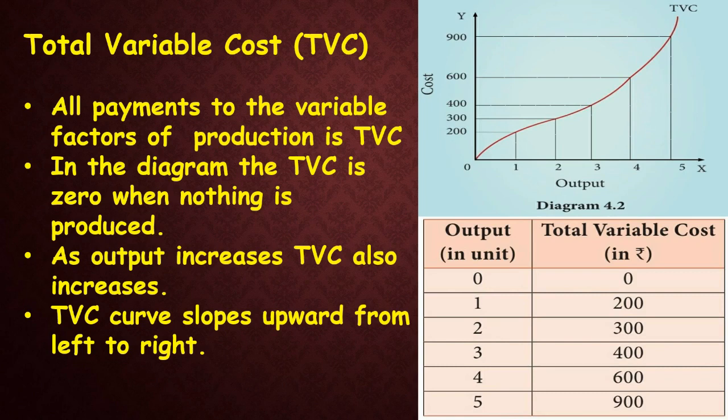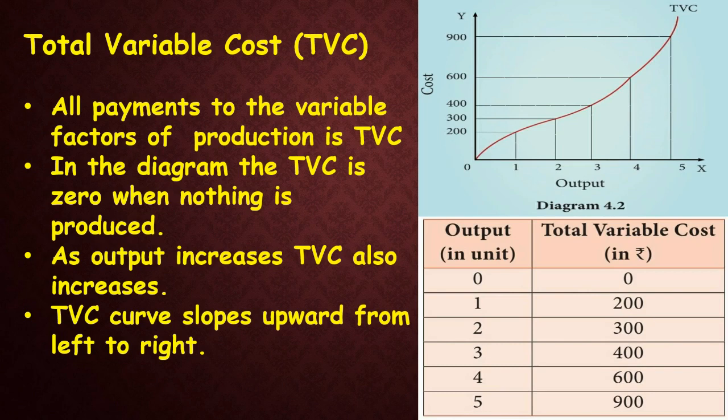Now in this diagram and the schedule, we can see that the level of output changes from 0, 1, 2, 3, 4 and 5, whereas the total variable cost simultaneously changes according to the change in the level of output. So it also increases from 0, 200, 300, 400, 600 and 900.